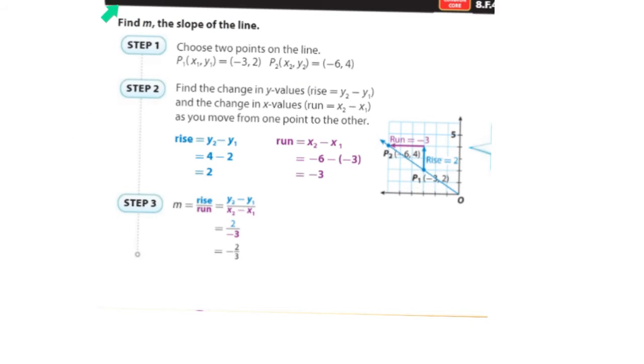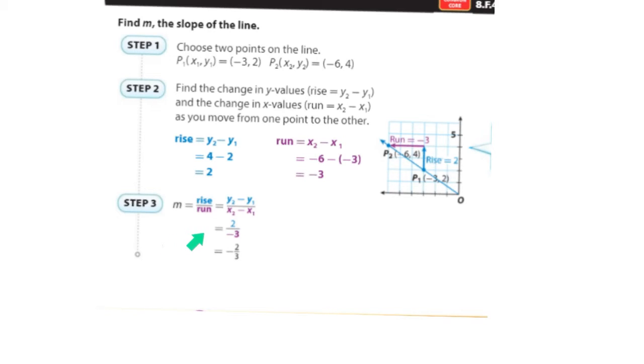Okay, on this example, which they did for you already, and I just don't like that at all, they show you how to put down the rise numbers, how to plug them in, and the run numbers, how to plug them in. But I like mine better because this one does everything for you. So this example is simply doing the same thing I just did, but it does everything for you. And I don't like that.